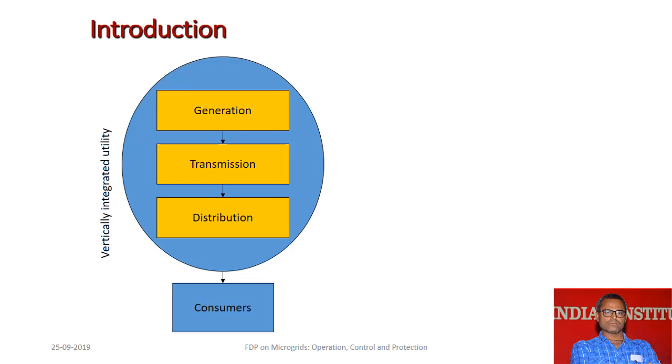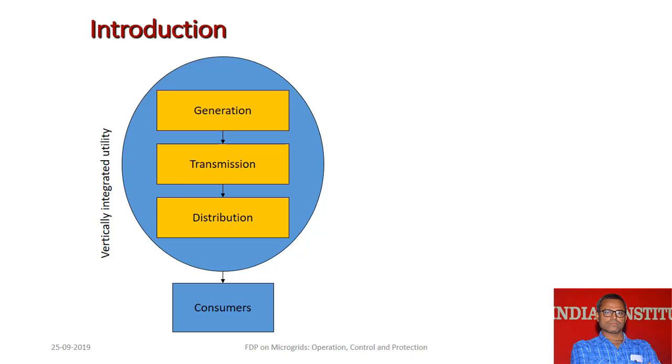If we see this diagram, this is a classical system, a vertically integrated utility, right? Where generation, transmission, and distribution are combined together in a single utility. It is managed and operated by a single utility.